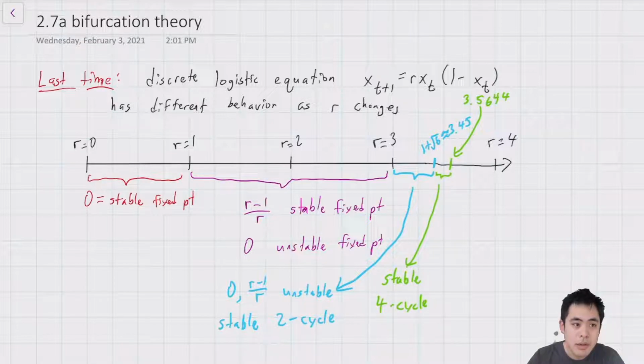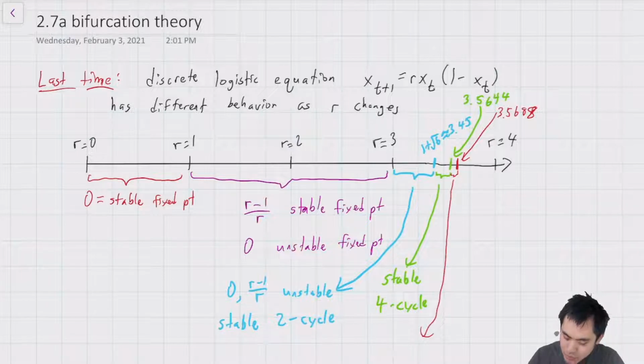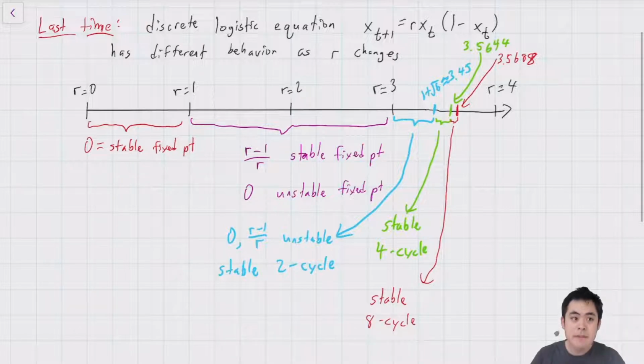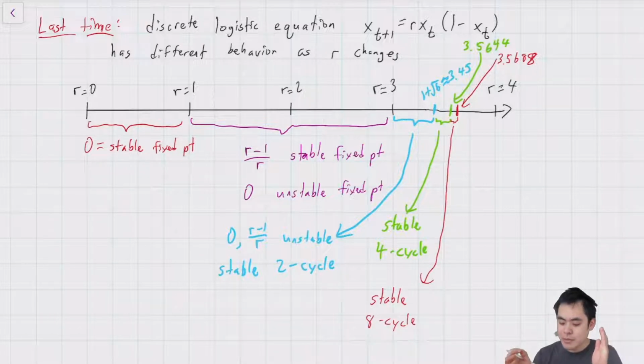And then, if we keep on going, 3.5688, which is about there. This region here, well, you might guess, there's actually a stable 8 cycle.